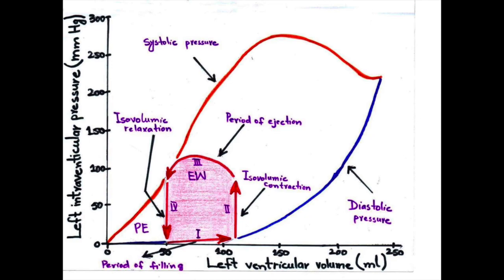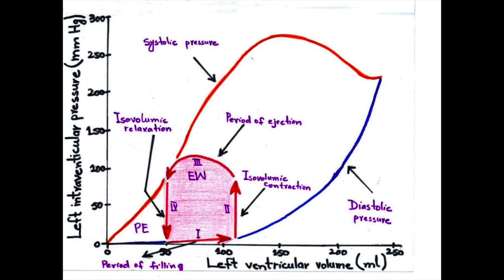When this phase finishes, the volume reaches 120, and this is called the period of filling. Then the second phase starts, isovolumetric contraction. The pressure increases, but there is no increase in volume and no change in muscle length.